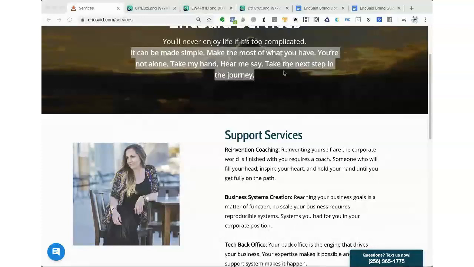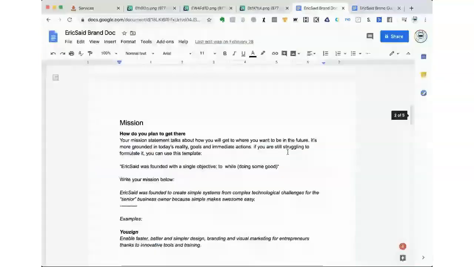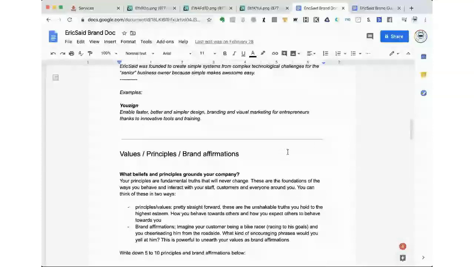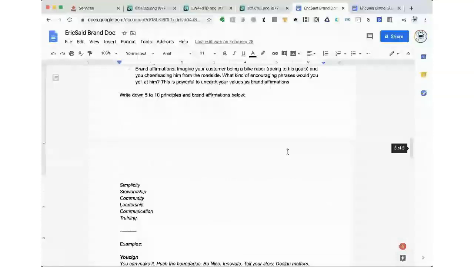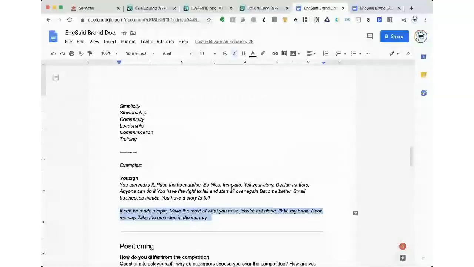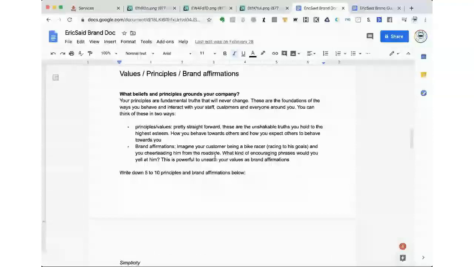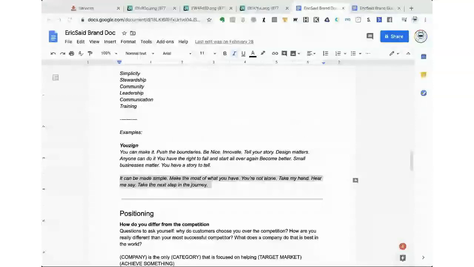Anybody remember? Yeah, it came from the brand brief. Let's take a look over here and see if we can find it. Right there. Under these values, principles, and brand affirmations, this statement came from there.